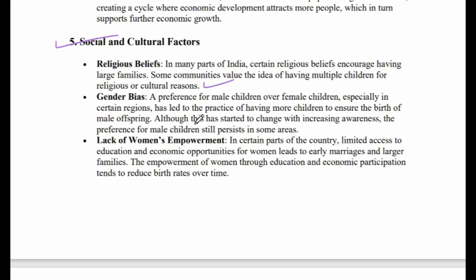Gender bias, a preference for male children over female children. This is one of the important points, especially in certain regions, and it has led to the practice of having more children to ensure the birth of male offspring.